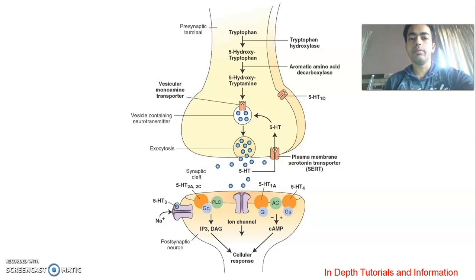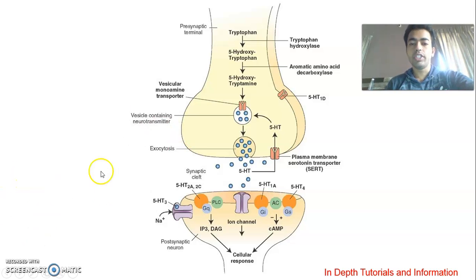In this diagram, the one present above is the presynaptic neuron, the one present below is the postsynaptic neuron, and the gap between them is called the synaptic cleft.